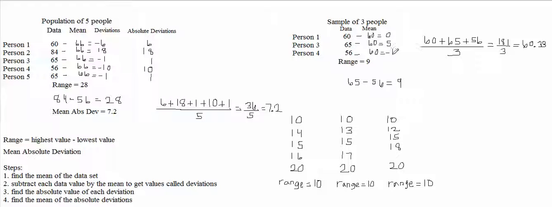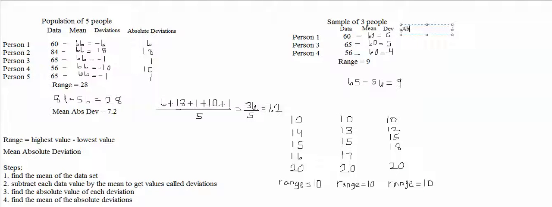These are our deviations. I'll just write DEV. That finishes step 2. Now we need to do step 3, which is finding the absolute value of each deviation.